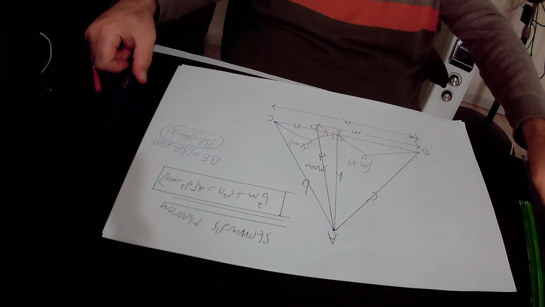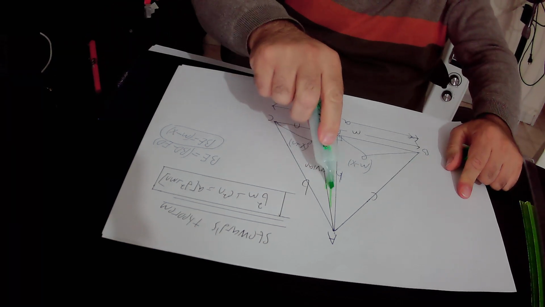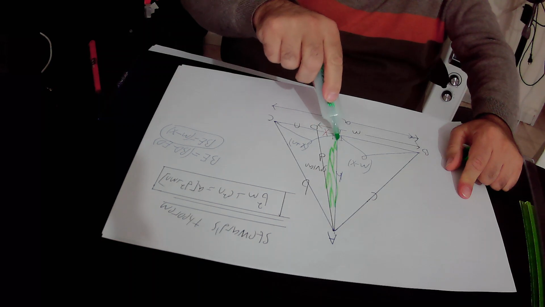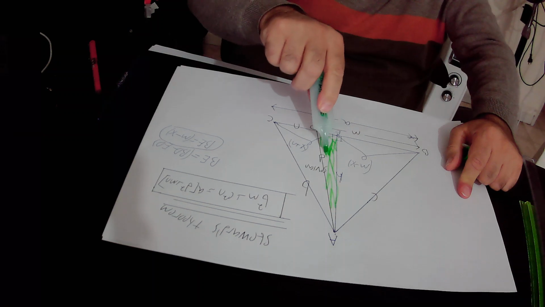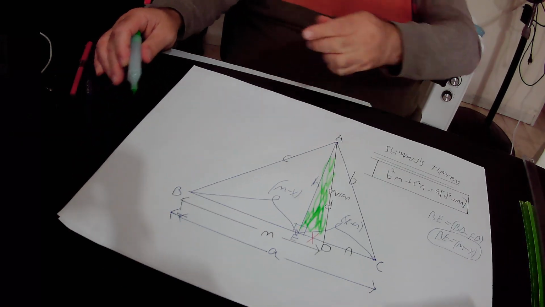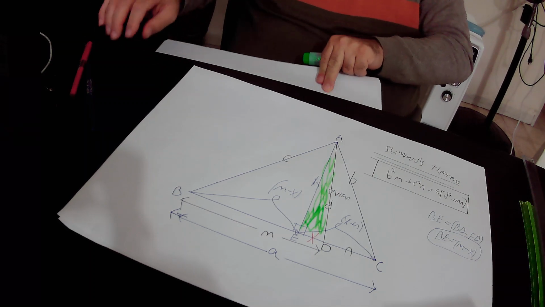In the next step, we'll implement the Pythagoras theorem on the green right triangle AED.